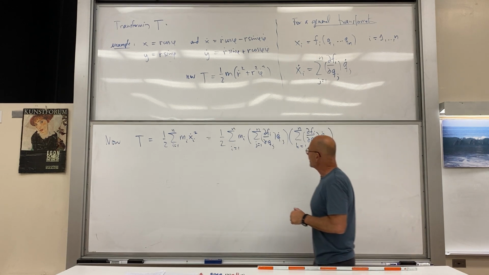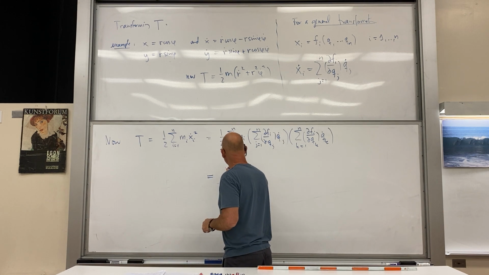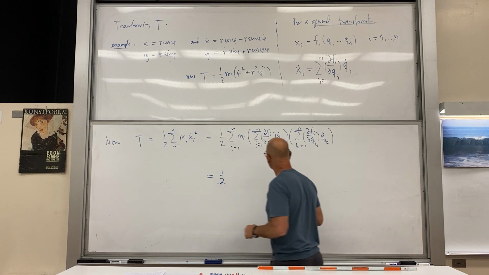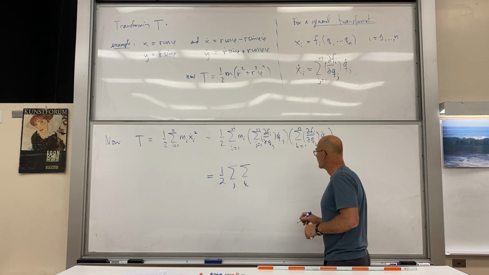Now, since these are just finite sums, we can go ahead, and the 1/2 is still 1/2, right? We're going to do the summation over j and k right here.